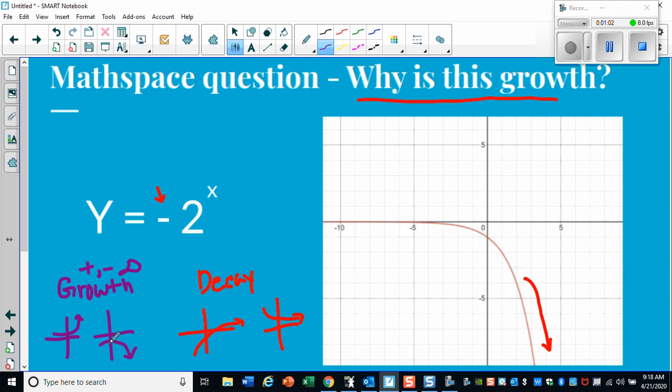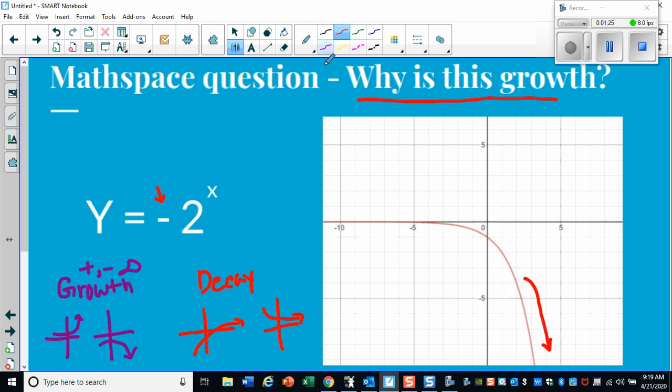So I know this one looks like it's going down towards negative infinity. It's like growing towards negative infinity, so that it's not leveling off. The numbers are getting larger. They're just getting larger in the negative direction. Therefore, it's going to be growth. So just look at the right-hand end behavior. If it's going towards positive or negative infinity, it's going to be growth.